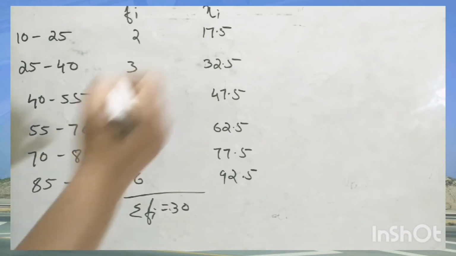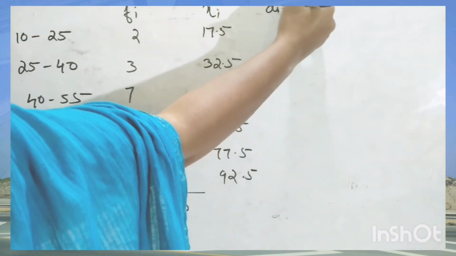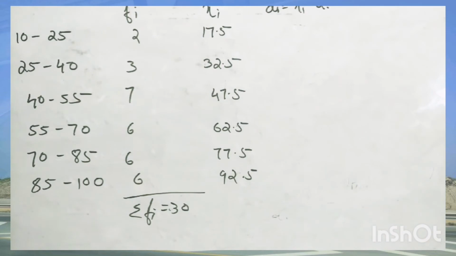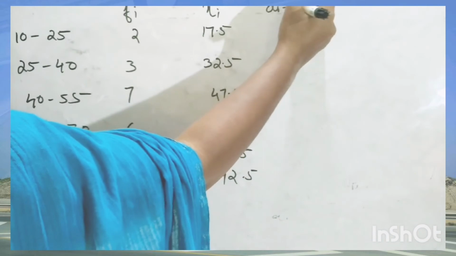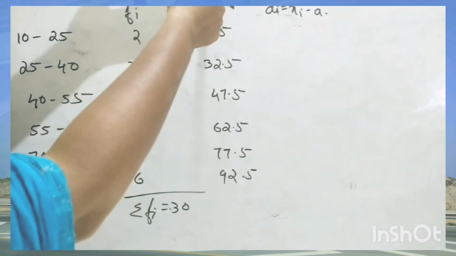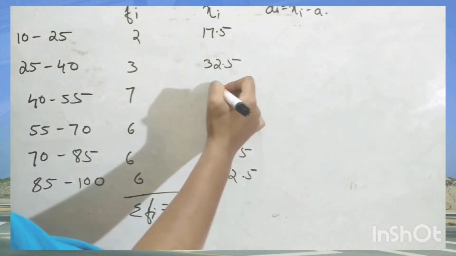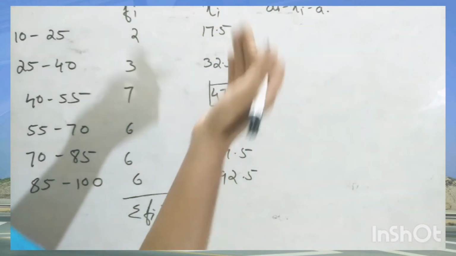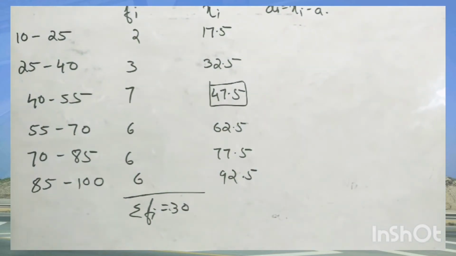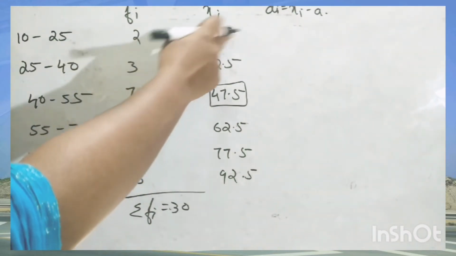Now di. Di is xi minus a. Now what is this a? As I said, you can choose any value from this xi column for that a. You can choose a is equal to 17.5, no problem.